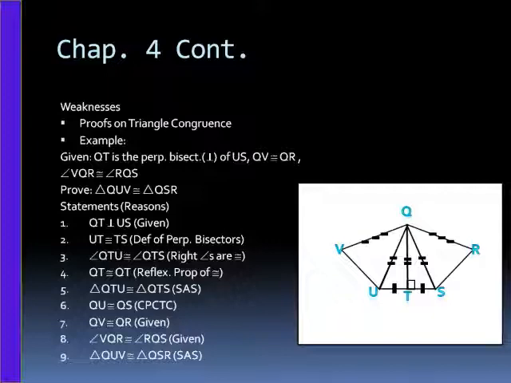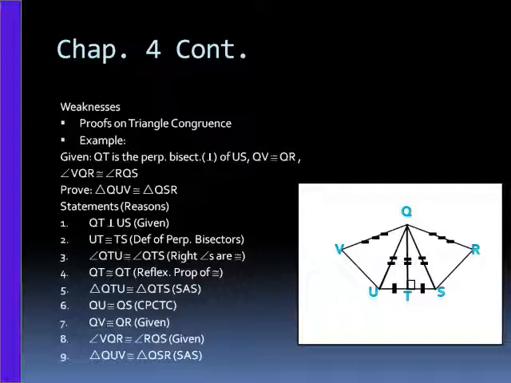Alright, so the first step we take is by stating the given that QT is perpendicular bisector to US. Second thing we need to do is say that UT is congruent to TS. And the reason for that is a definition of perpendicular bisectors.